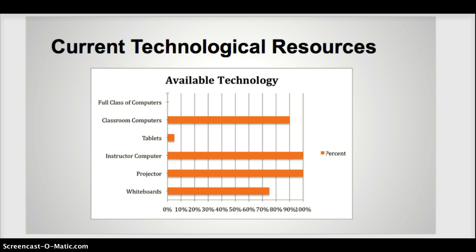Being able to project using either a whiteboard or a projector and having an instructor computer is very important because they're able to show and share like they used to in the old days with the old overhead projectors. But this is now more integrated in the classroom, being able to use an interactive whiteboard and have those students be a part of the lessons as well.